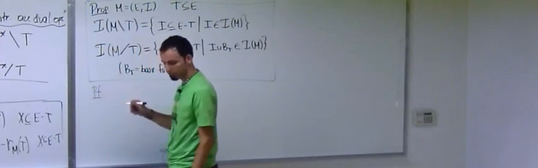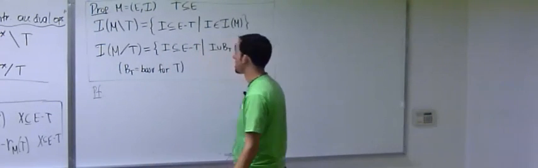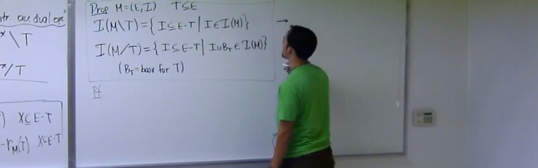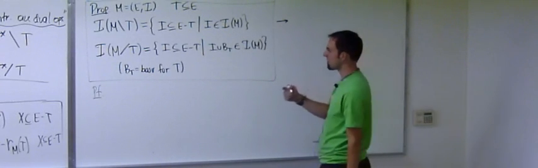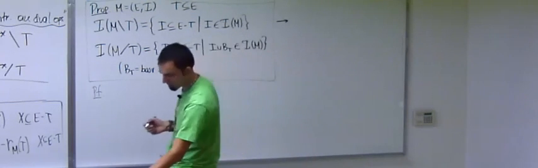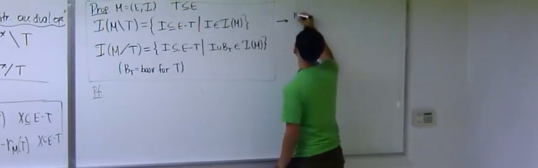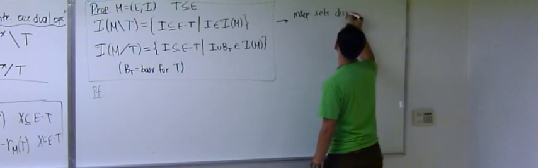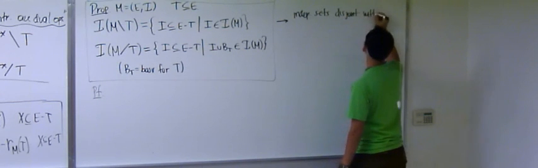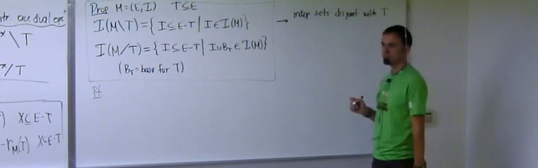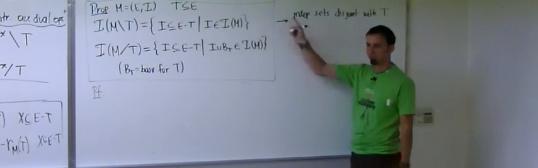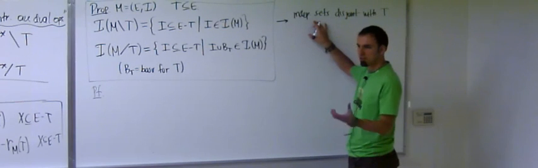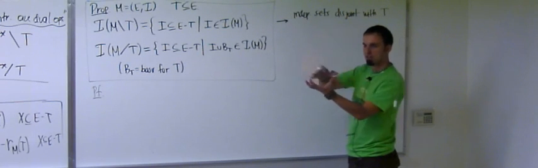What was the thing you said about the first one, about intersection? I said, well, first let me say it in two ways. The first way that I said it is that these are the independent sets disjoint with T. And what Jameson said is that another way of defining this is taking all the independent sets and deleting T from them.